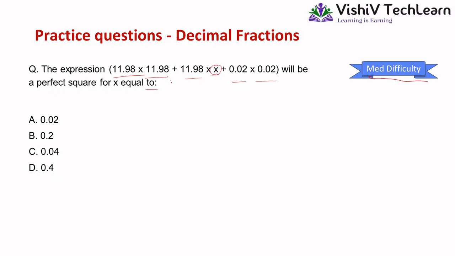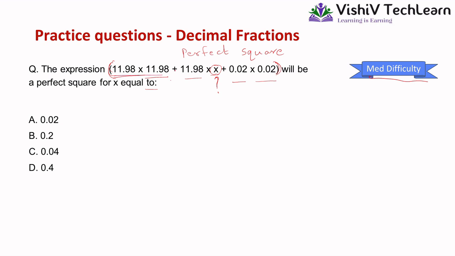So basically this bracket is given, and we have to check so that this bracket will become a perfect square. To make it a perfect square, what should be the value of x?